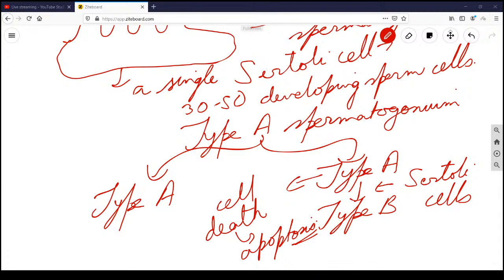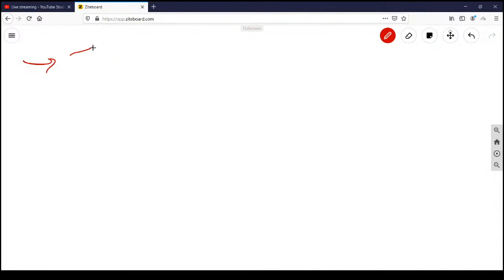So I'll write it down. The Sertoli cell, that's a very important question.